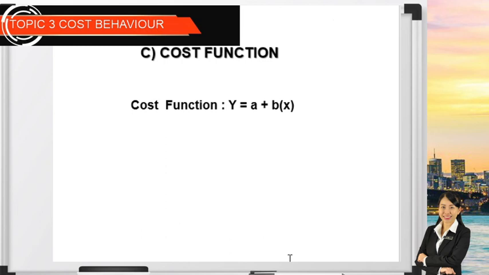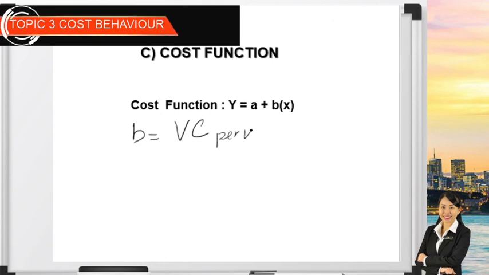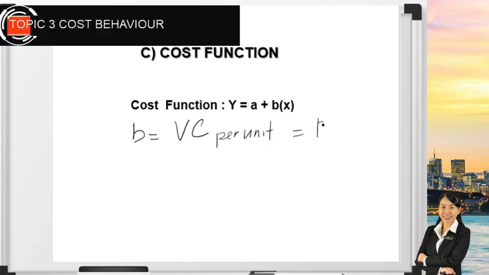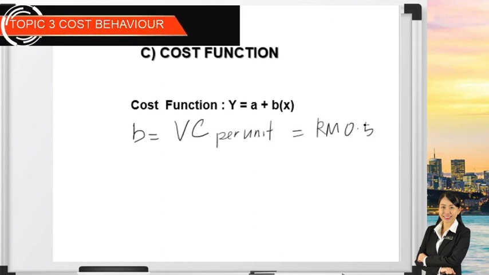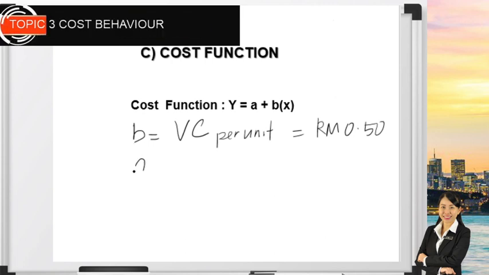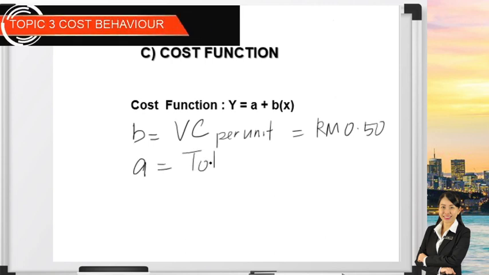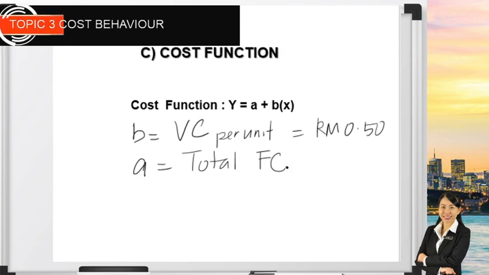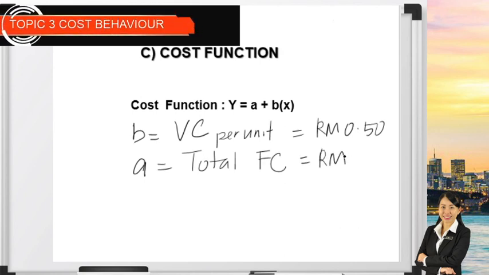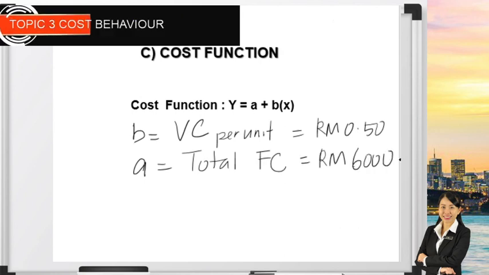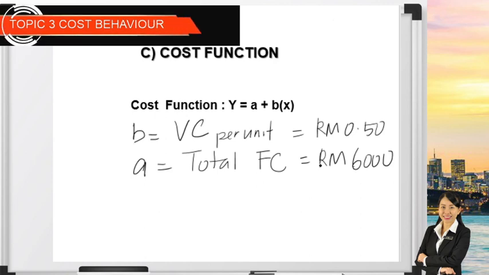Lastly, we have already found out our cost function. B means variable cost per unit, which we found out is 0.50, or 50 cents. A means total fixed cost, which we have as 6,000, no matter whether you use the higher or lower level of unit activity.